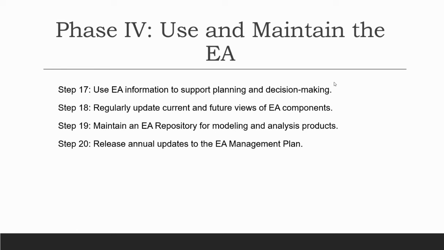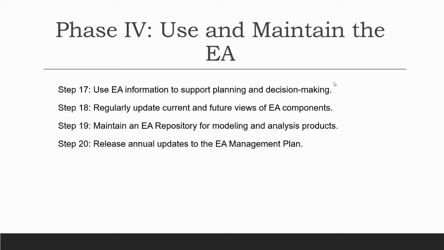We're here on the last phase now of the implementation of enterprise architecture. In phase 4, we use and maintain the EA program, or the enterprise architecture. This phase is composed of 4 steps.